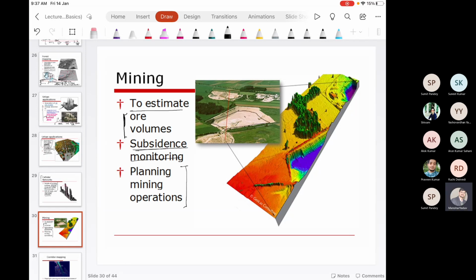How can you estimate the actual volume of ore that has been extracted? Just before the extraction or excavation process, do the laser scanning and generate a 3D surface. Then again after the extraction, do the scanning and generate a 3D surface. Just subtract these two surfaces, and you will get the actual volume that was extracted from the site.